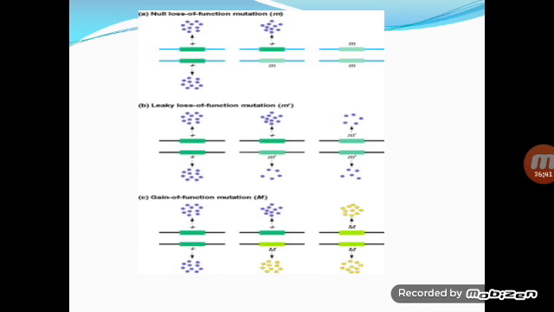So these are the different types of mutants, or we say different types of mutations. Today we discussed morphological mutations, lethal mutations, conditional mutations, biochemical mutations, loss of function mutations, gain of function mutations.